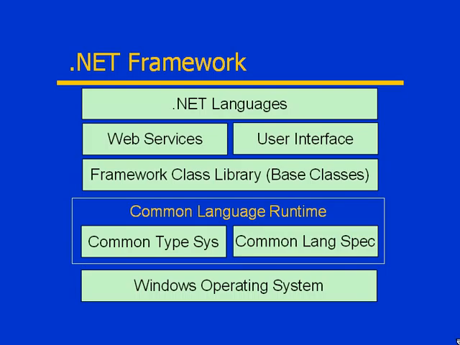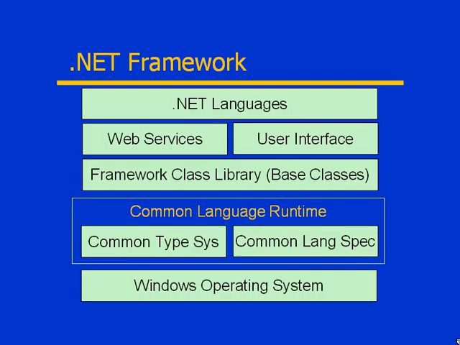You can build those using web service interfaces. We also have user interfaces such as WinForms, which are our Windows interfaces, and what are called web forms, which are our internet or web-based user interfaces. All of those interfaces are basically providing the structure from which our applications can be built.